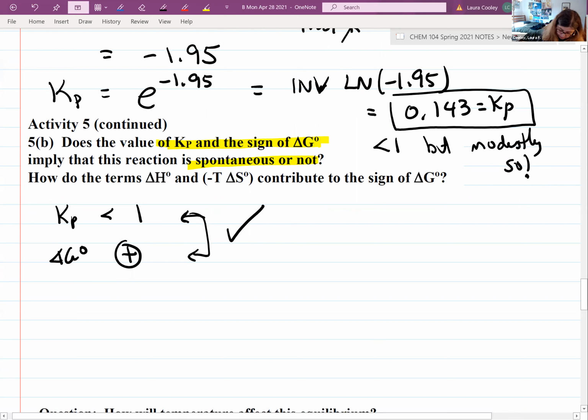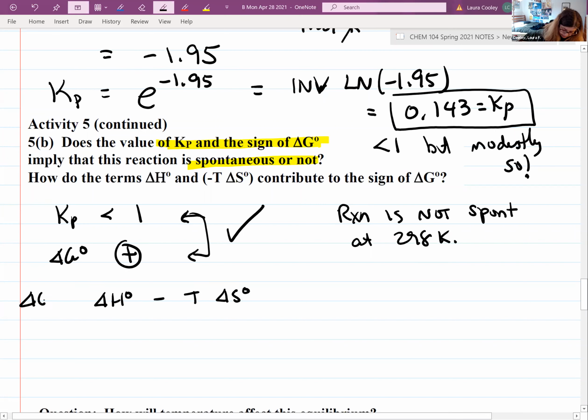So is this reaction spontaneous or not? The reaction is not spontaneous at 298 Kelvin under standard conditions. And how do the terms contribute? So I kind of talked about this already, but I'll put it down again. This is 57.12.